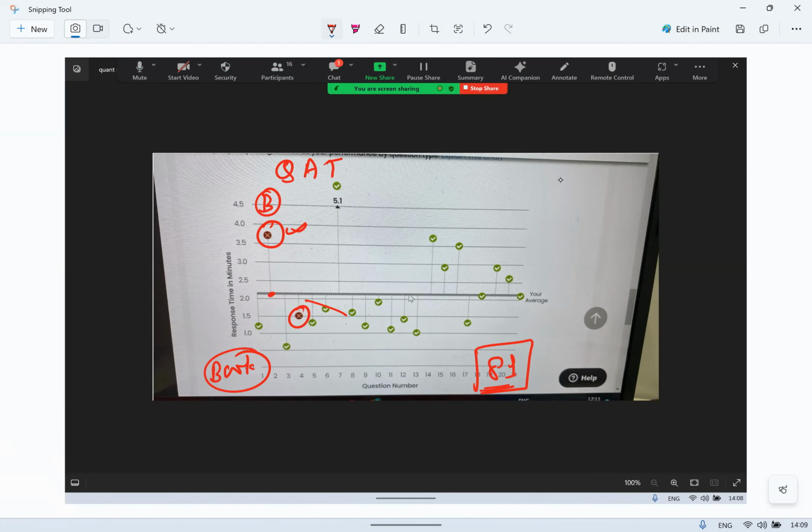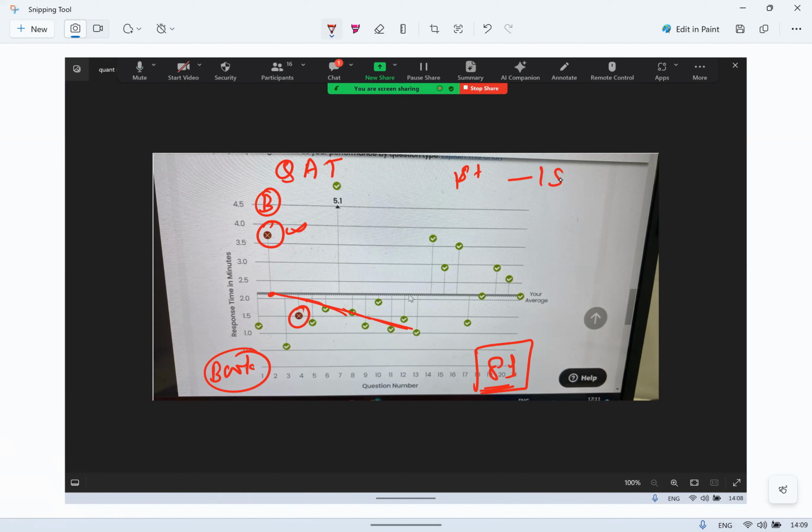So please be 100% sure, do not bookmark anything. At least in the first 15 questions, you should not try to bookmark anything at all. Absolutely not. Am I being very clear? You have to treat quant as a question adaptive test, and you have to go exactly in the same way. You are not supposed to bookmark any question.